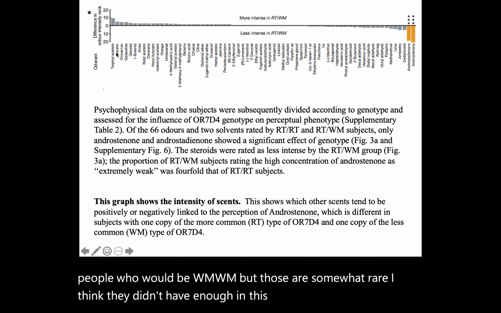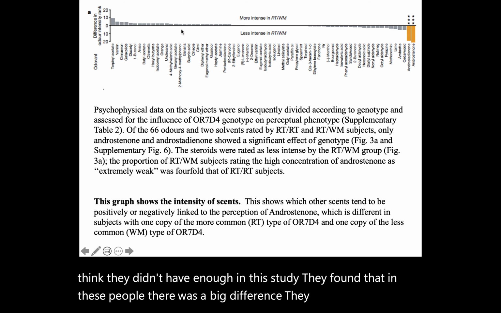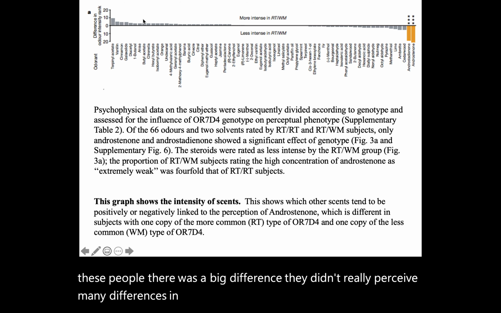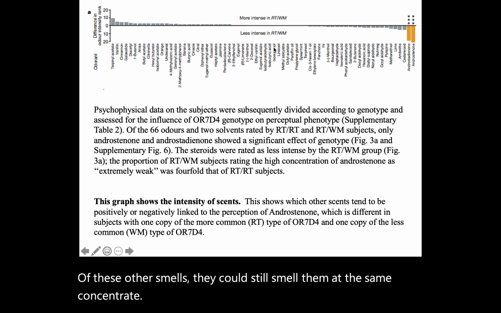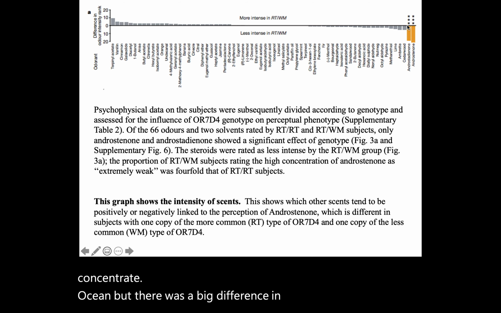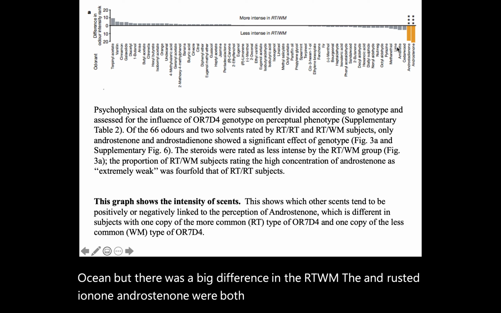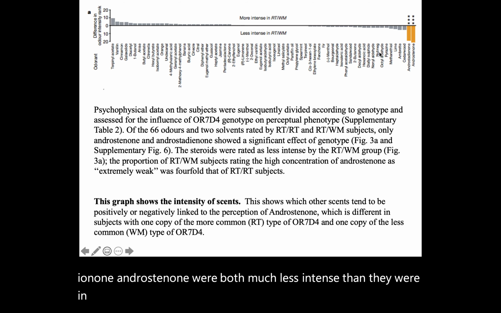And they found that in these people, there was a big difference. They didn't really perceive many differences in the intensity of these other smells. They could still smell them at the same concentration. But there was a big difference in the RT-WM. The androstadienone and androstenone were both much less intense than they were in the RT, the people with the wild type version.